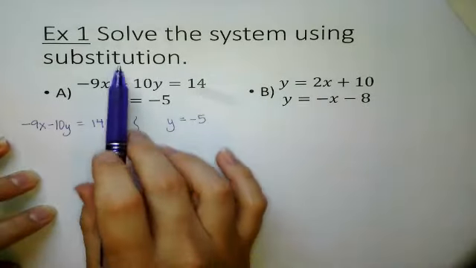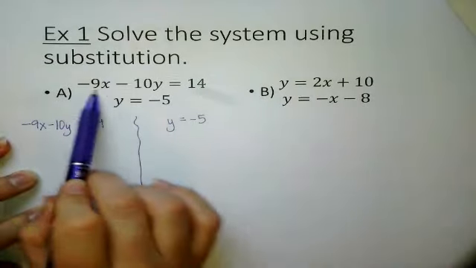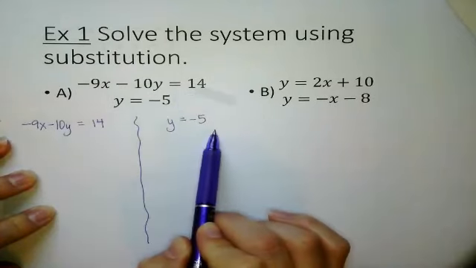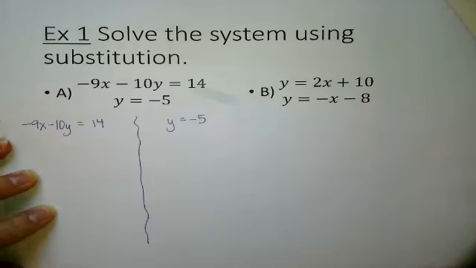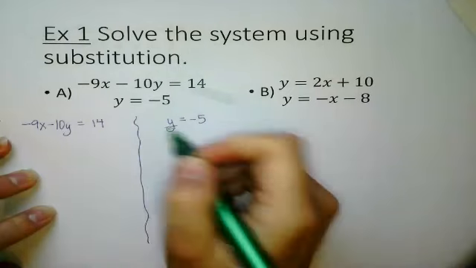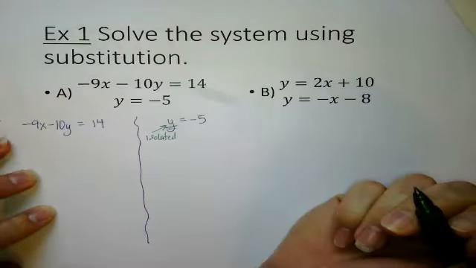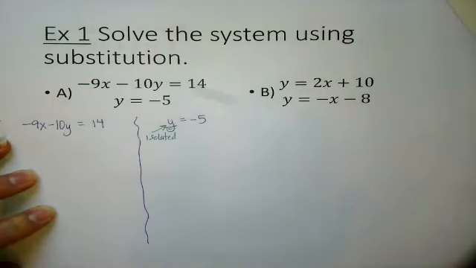To solve using substitution, I wrote the top equation in my first column and the second equation in my second column. We want to isolate the easy variable. Guess what? There's a variable that's already isolated. It is by itself. They have done the hard work for us.